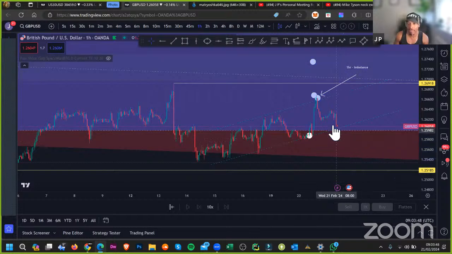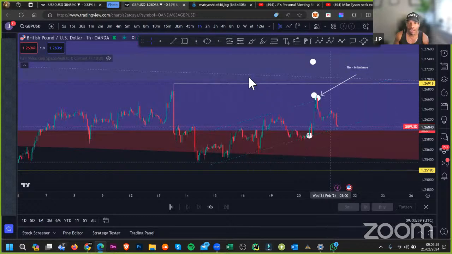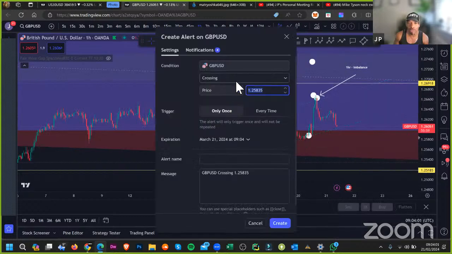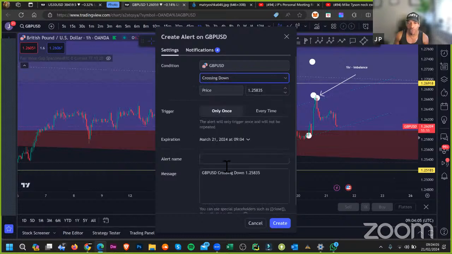Okay, so right now what I'm going to do, just for argument's sake, is place an alert. These are going to be my alerts. I right click, I add an alert. All right, crossing down. I want to know when it starts to cross down, and I can put whatever information I want in here. I can't be bothered right now. All right, and we hit that button, and I've got an alert in here.